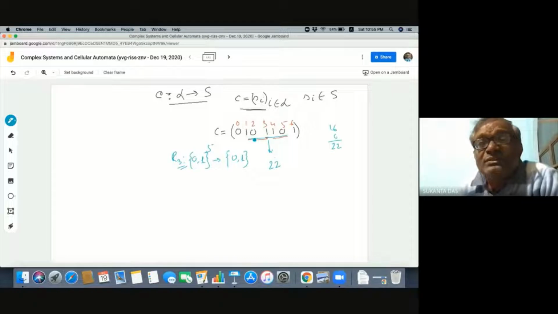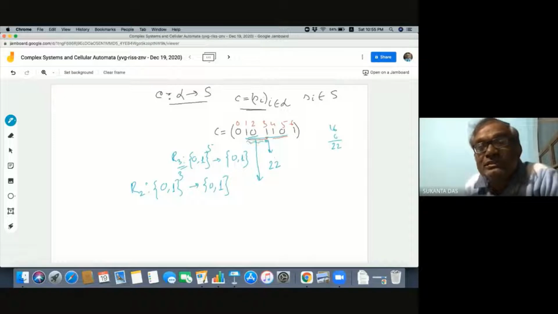Now suppose, in case of cell 2, R2 has 3 neighbor dependency. It depends on cell 1 as well as cell 3.